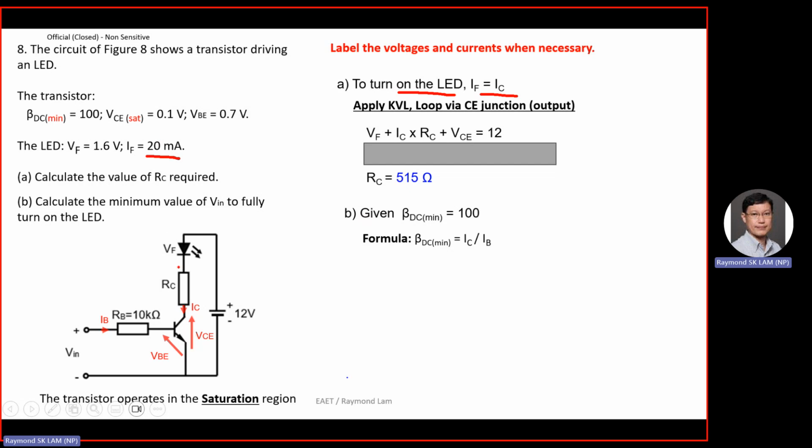So this is called IF, right? IF is here. What is the relationship between IF and IC? Same. Look at the circuit, because IF flows into the resistor and IF flows out of the resistor. So IC equals IF. So IC equals how many? IC equals 20 milliamp.